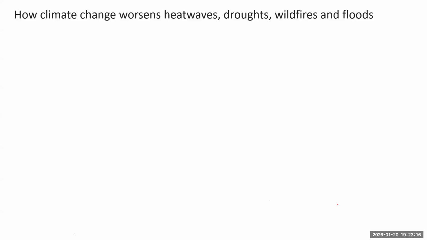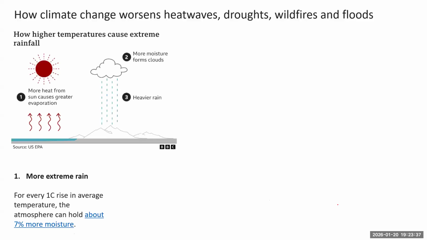That's due to global warming. Global warming triggered lots of consequences, including not only the melting of Arctic sea ice, but also extreme weathers such as heat waves, droughts, wildfires, and floods.